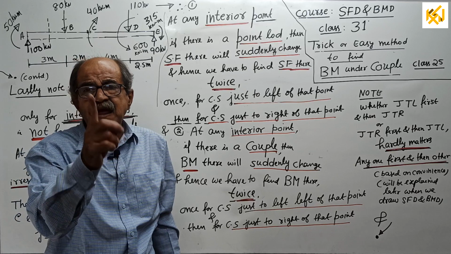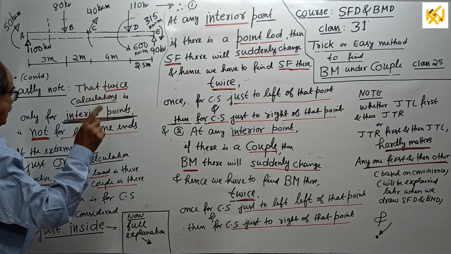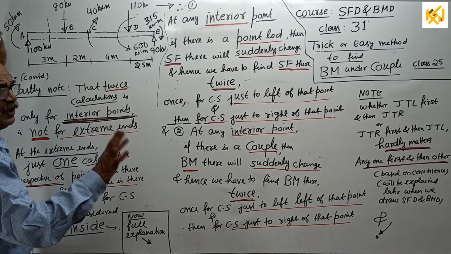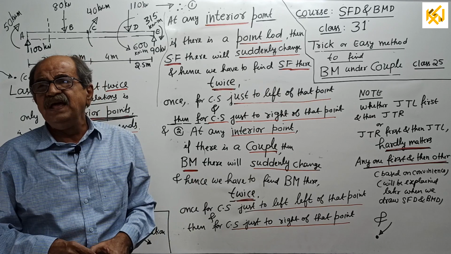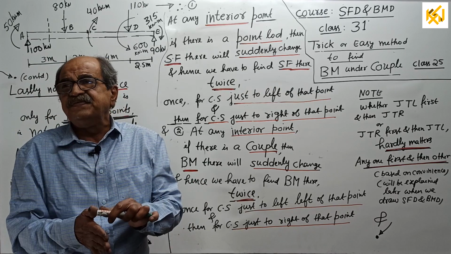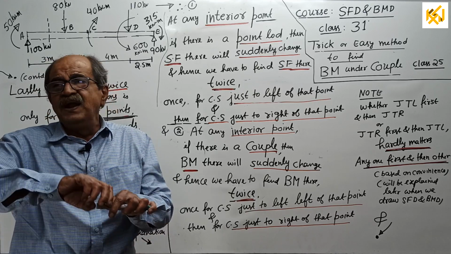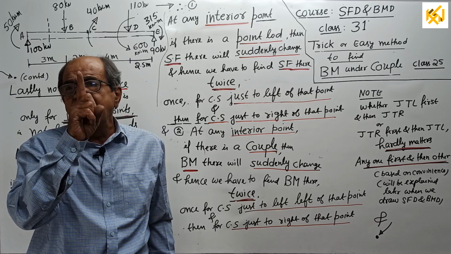But at the extreme ends, just one calculation, irrespective of whether point load or couple is there or not. At the extreme end, you never bother. Point load is there, so shear force twice? Couple is there? Nothing like that. At the extreme end, only one calculation.